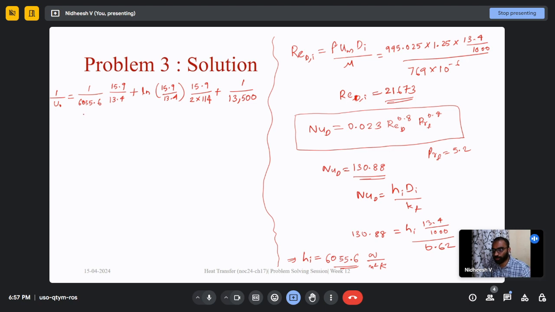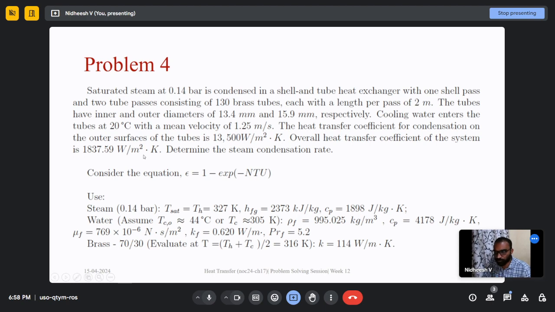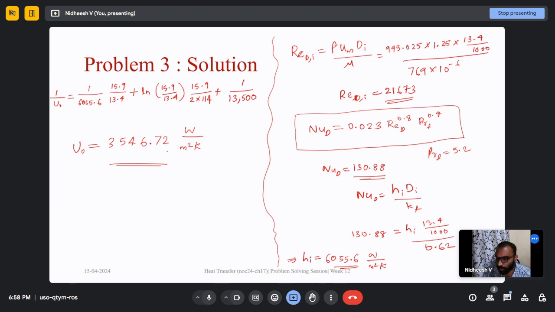Yeah, I think if we evaluate that, you should get some value around 3,546.72 watts per meter square Kelvin. Okay, is that correct?